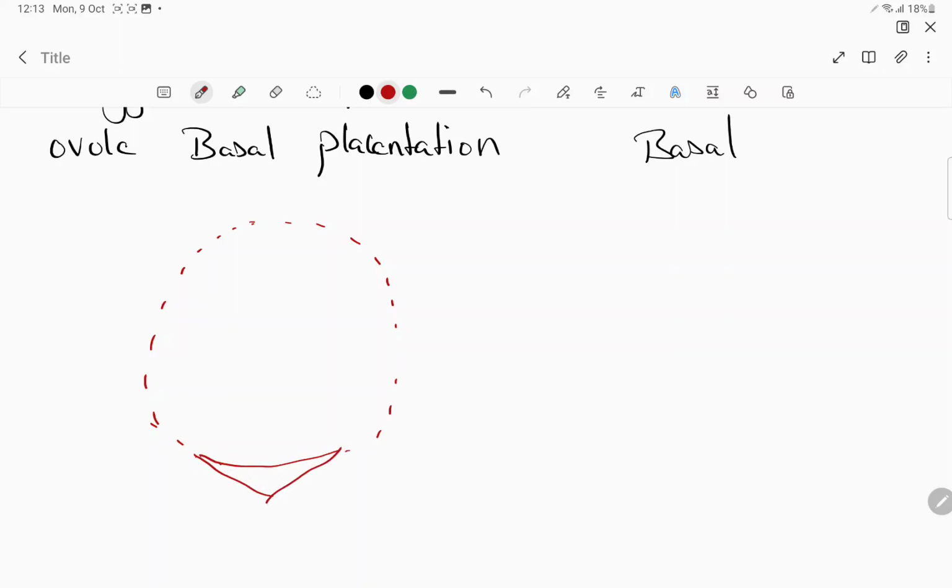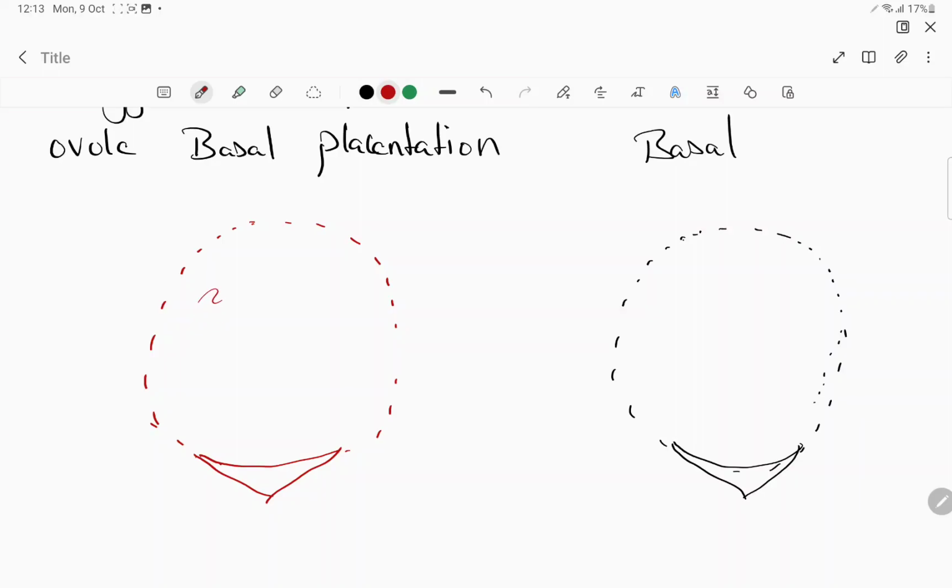The same you have to draw for ray florets also. This is the ray floret, and here also we have the pappus. And next, here we have the 5 petals.